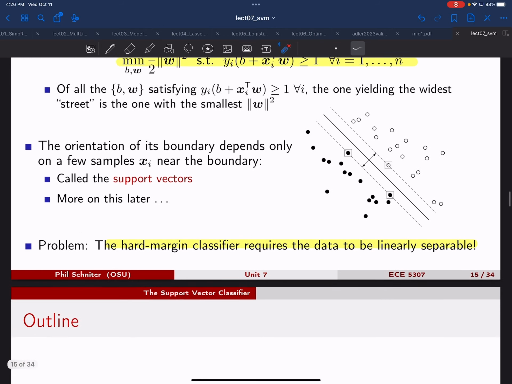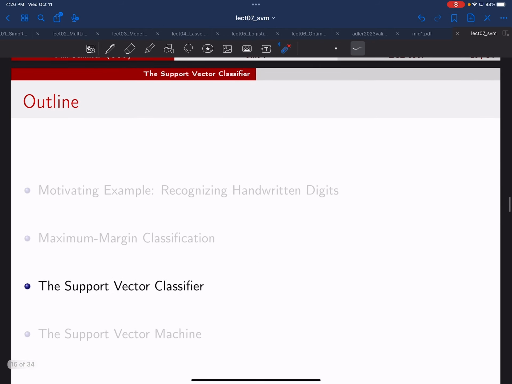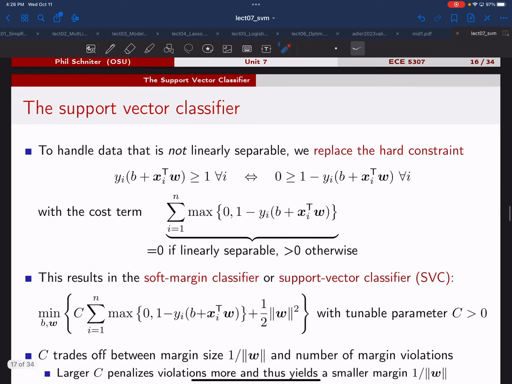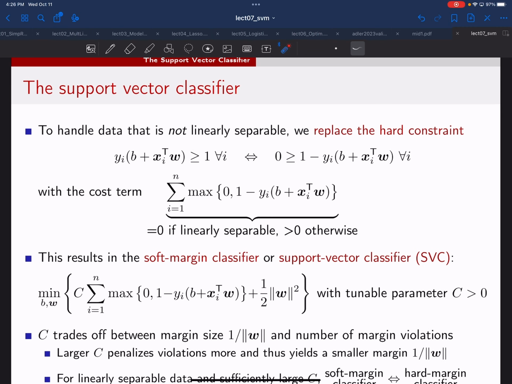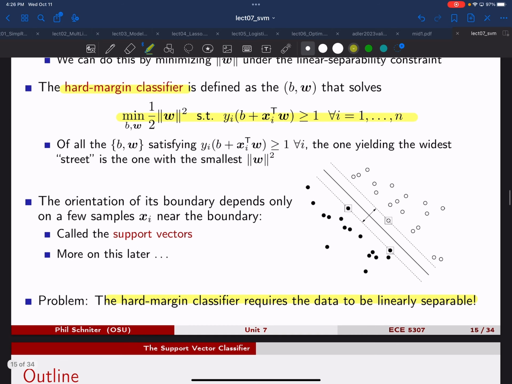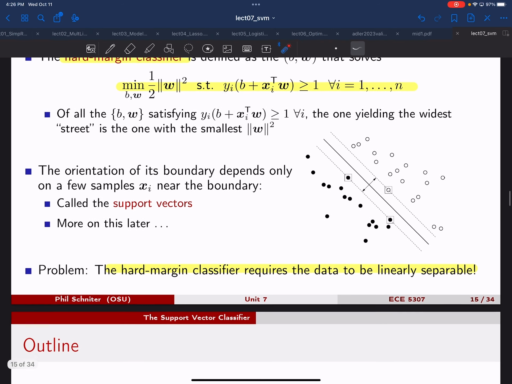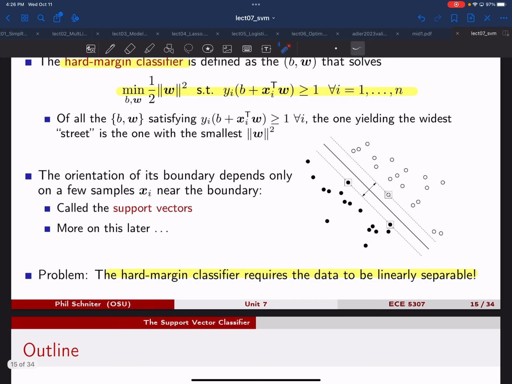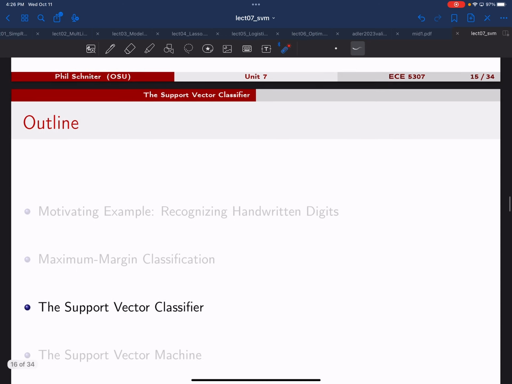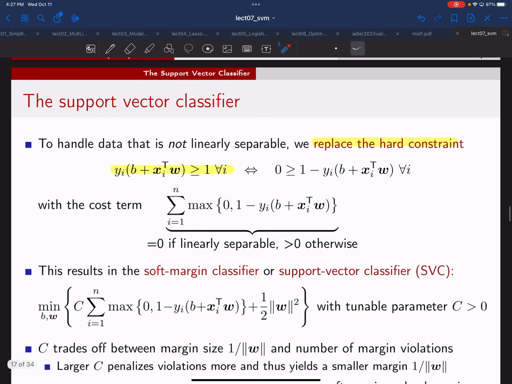So in order to do that, the main idea is we're going to replace the hard constraint, which we saw previously. So here is our hard constraint. We're going to replace this with another loss term that we're going to add to this. So let's see how we can do this.